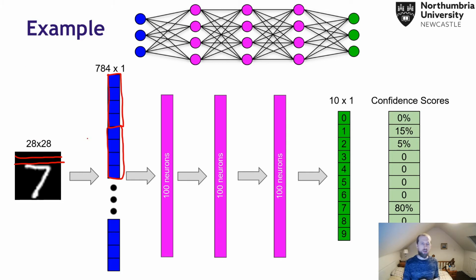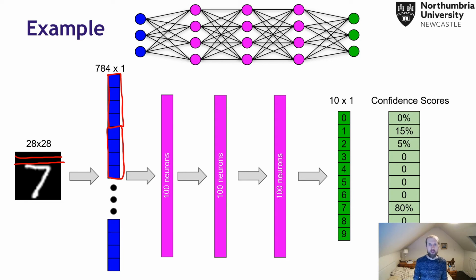So this is much bigger than the stuff that we've been looking at so far, where we've just got a 3-dimensional input, a 4-dimensional hidden layer. But the process is exactly the same, it just takes longer to compute. Again, instead of having just 4 neurons in each of these layers, we're going to have 100 neurons, and this is just a design choice.